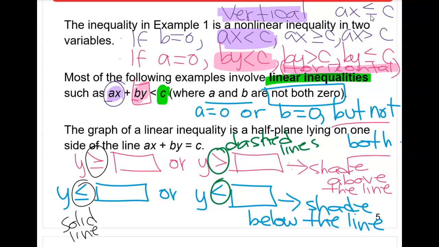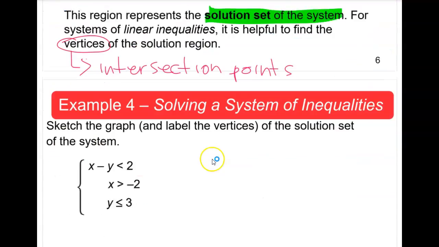For vertical lines, we will be thinking in terms of left side and right side instead of above and below. So if it's greater than, it's going to be on the right side, and if it's less than, ax less than c, it's going to be on the left side of the vertical line.